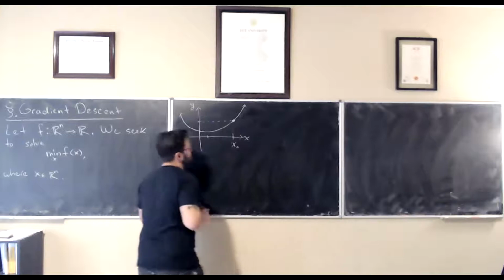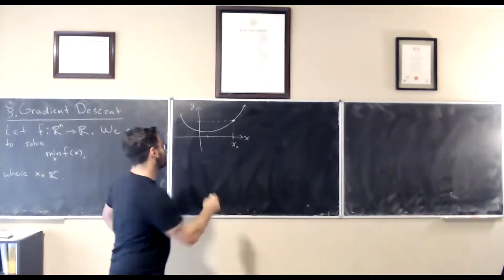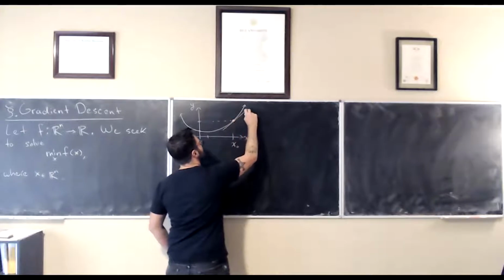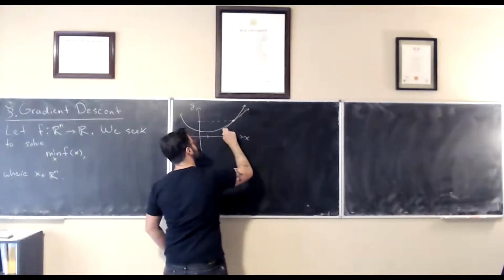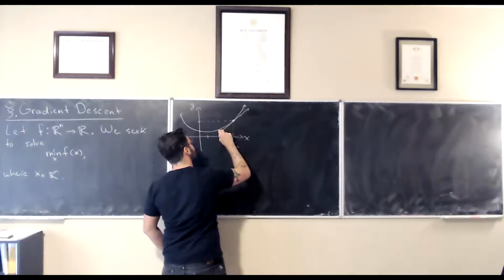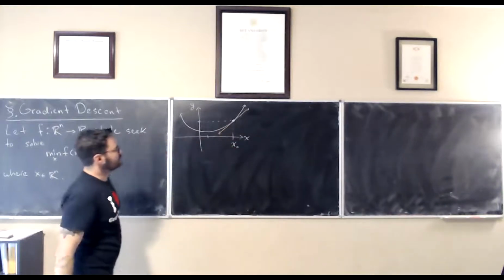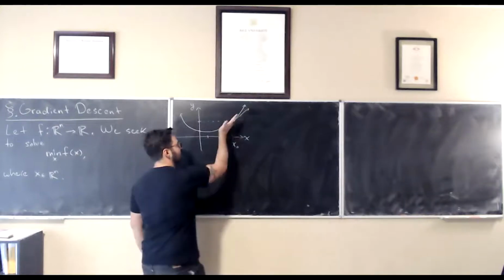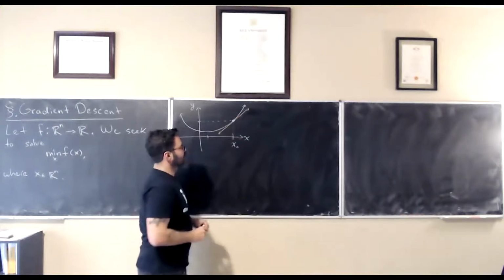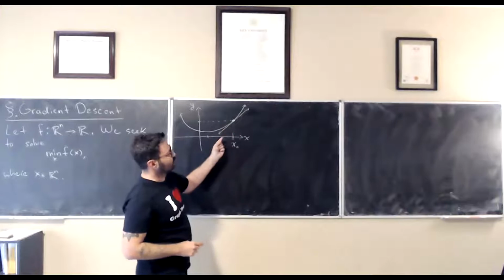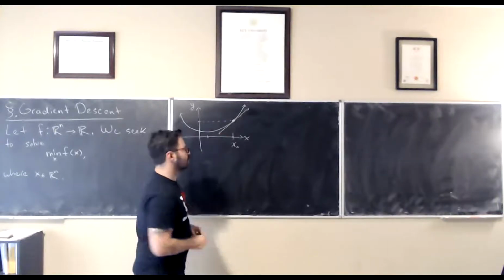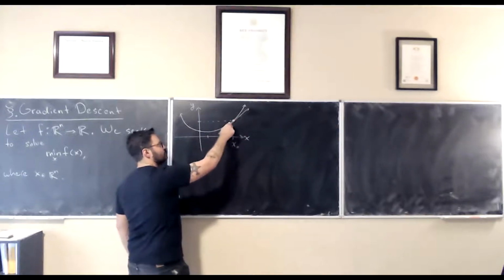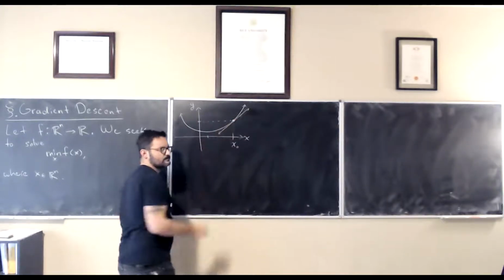But then also we can take the first derivative, which will tell us the slope of this tangent line. And if the slope is positive, like it is right here, then if we move to the right, we'd be going up the function. But if we move to the left, then we'd be going down the function towards a minimizer, a local minimizer.